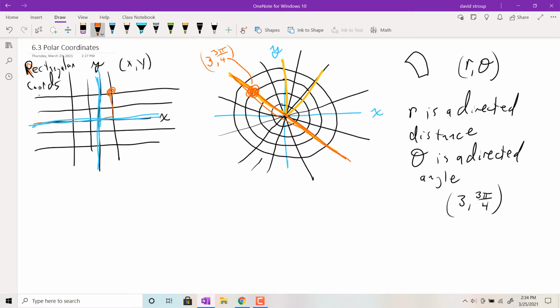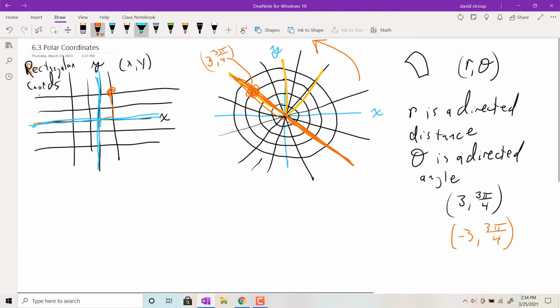But you can also go in the other direction on this line. What about negative 3 comma 3 pi over 4? Well, you just rotate over to 3 pi over 4 again. So again, that's this line I'm outlining here, but instead of going in this direction to positive 3, you're going to go on the other side of the arm. You want to think there are two sides of the arm.